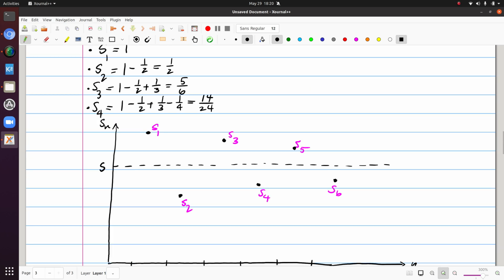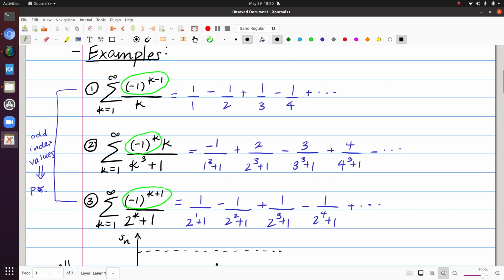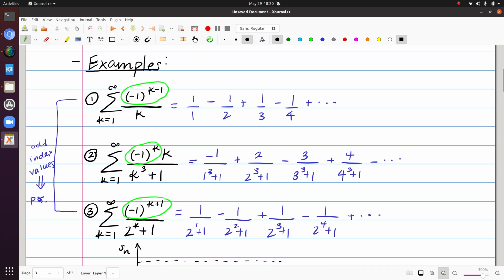Before we move on, let's go back to our examples. In this instance, I could split this first one into negative 1 to the k minus 1 times 1 over k. So b sub k here would be 1 over k. And in this next example, b sub k would be k over k cubed plus 1.